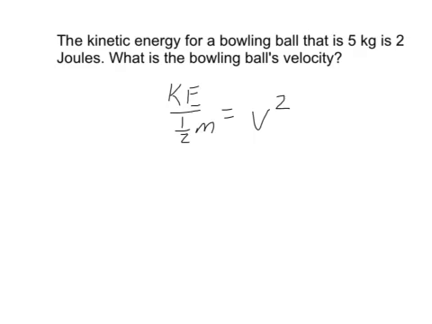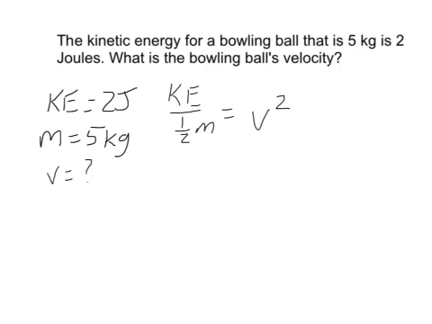Alright guys, so today I'm going to be doing 3 problems to help you find velocity. The first one is the kinetic energy for a bowling ball that is 5 kilograms is 2 joules. What is the bowling ball's velocity? Well, we know that the kinetic energy is 2 joules, and we know that the mass is 5 kilograms, but we don't know what the velocity is.